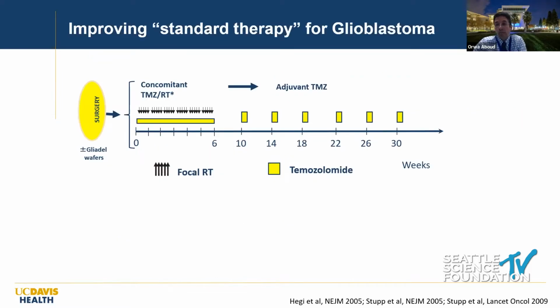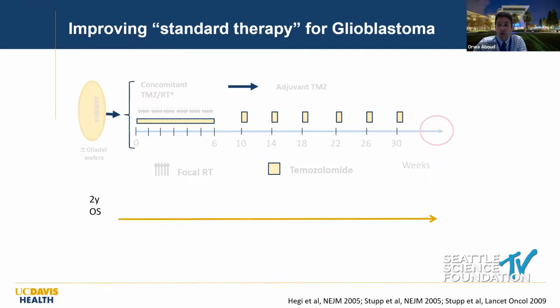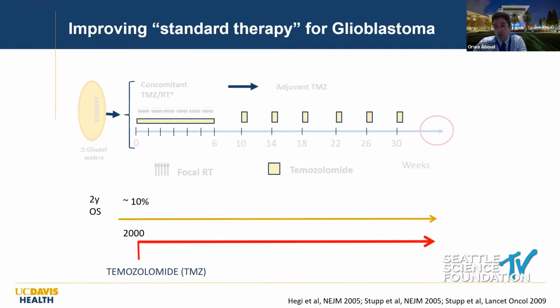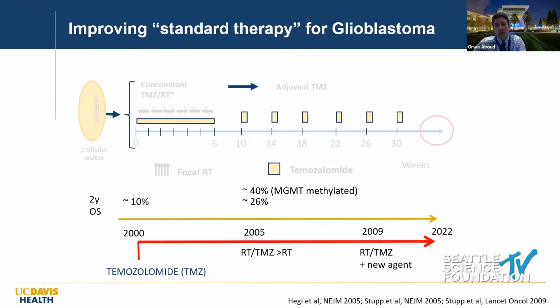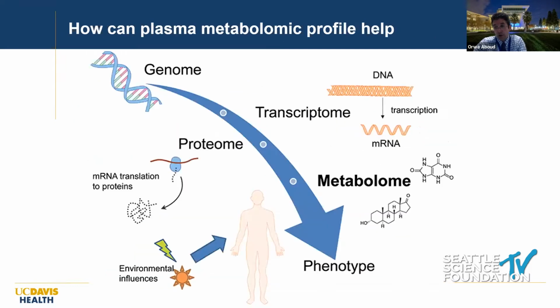This is a graph which I believe everybody here knows about regarding the standard of care of glioblastoma, how we use the Stupp protocol, and how we have failed over the last 15 years to move the needle and give patients more meaningful recovery and increased survival.